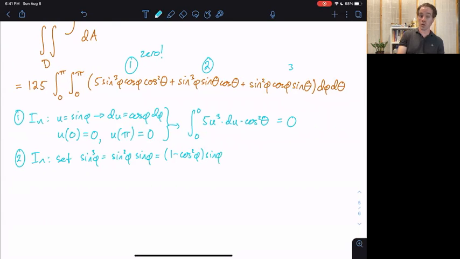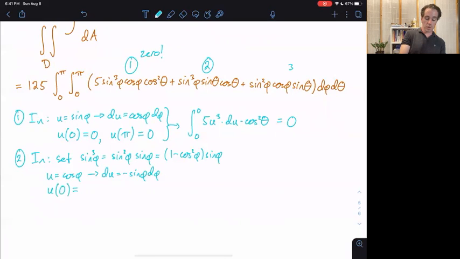And you can probably see that we have the goal of doing an integration by substitution. So then if we set u equal to cosine of phi, du will be negative sine of phi d phi. U of 0 is 1, and u of pi is negative 1.